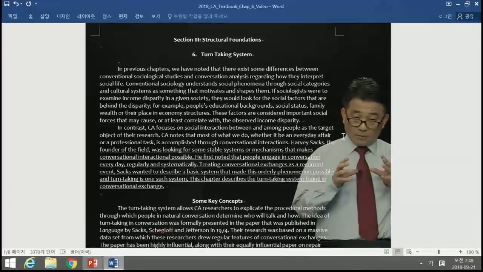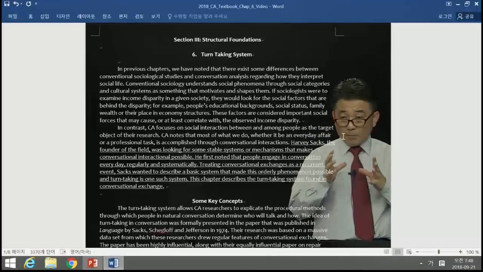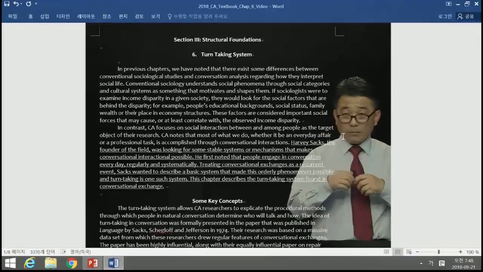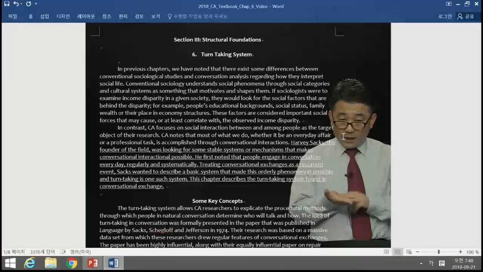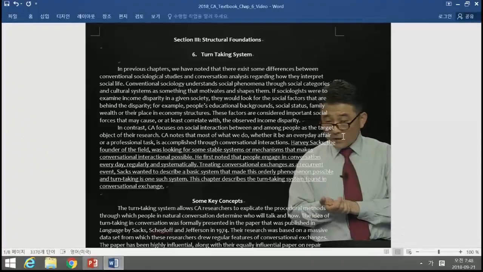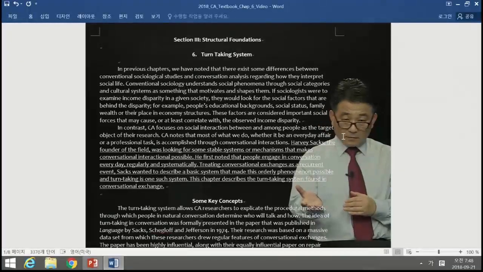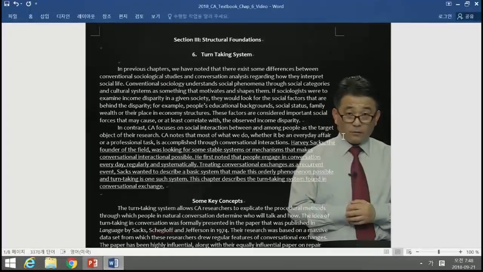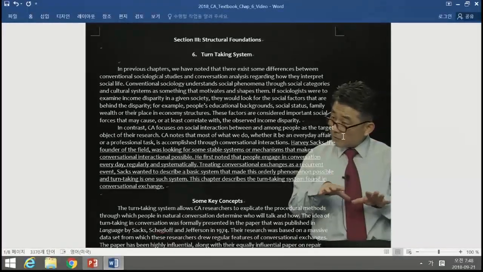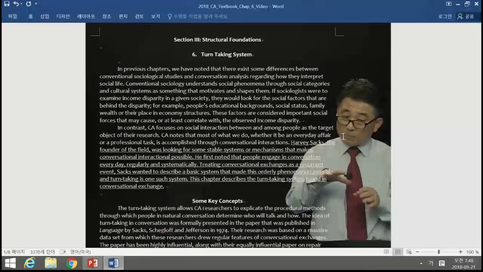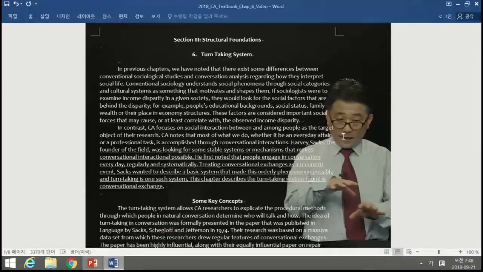So Harvey Sacks has a question. He noticed that people around him and people in the world in general have conversation regularly. And in that conversation, people take turns, right, without too much trouble. So he figured there must be some sort of underlying system people agree on, an underlying system people follow. And he wanted to find the system.